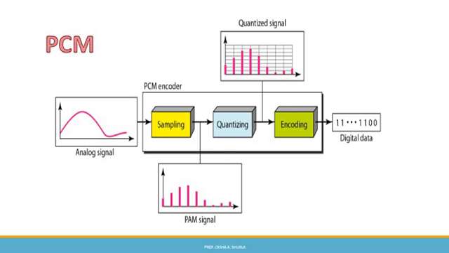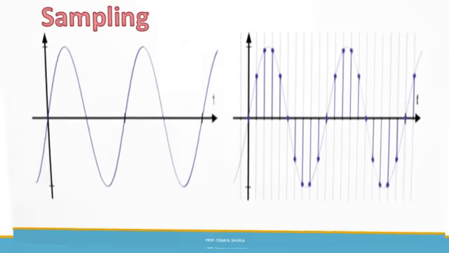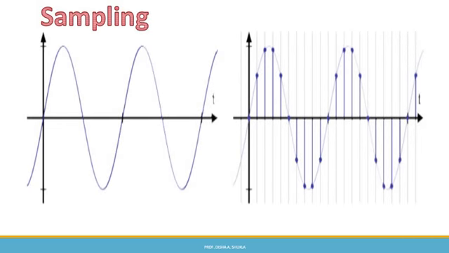Analog signals can be sampled and converted into digital signals, that is, discrete signals. The quality of the signals depends on the sampling rate or frequency. If Ts is the sampling interval, then Fs equal to 1 divided by Ts is the sampling frequency. The discrete time signal can be represented as x of n.